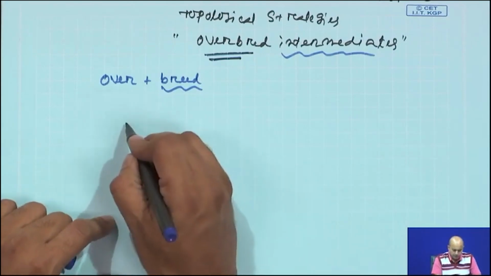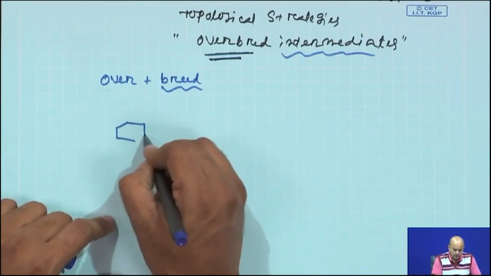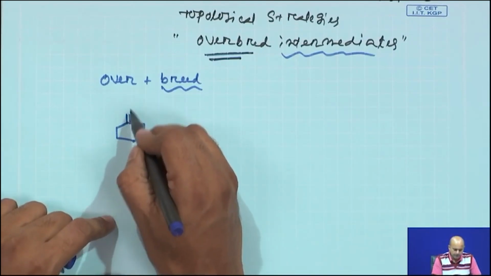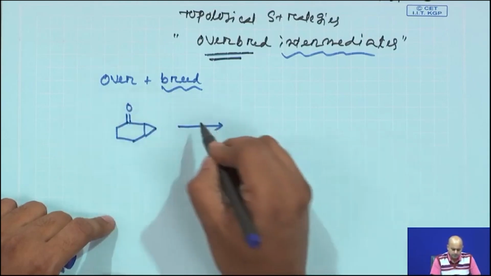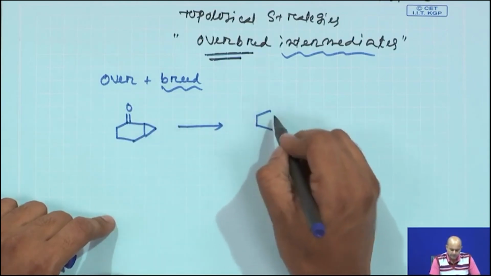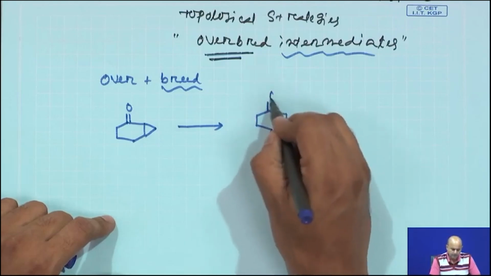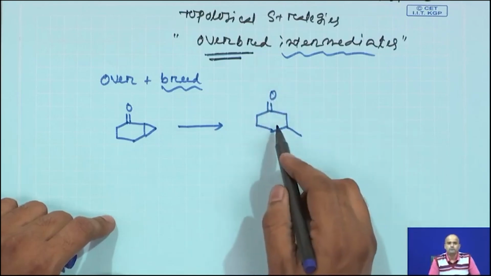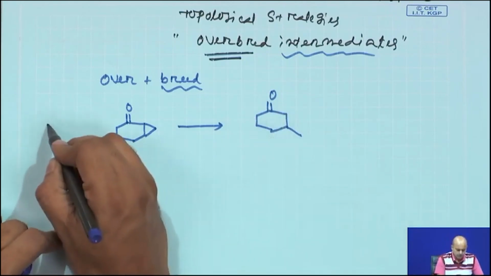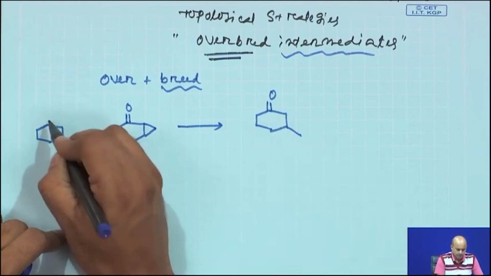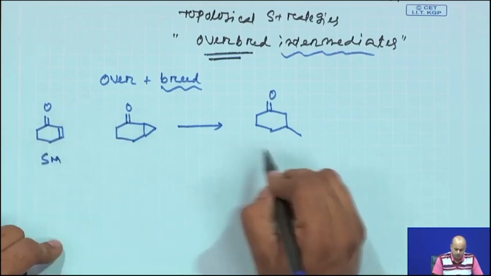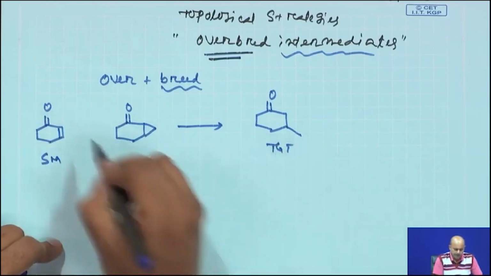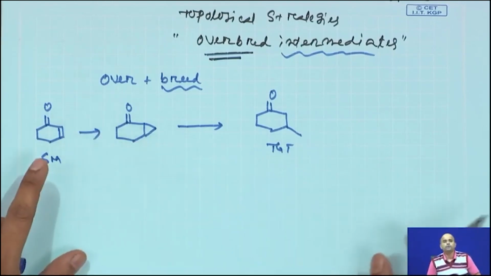Probably this whole concept will be quite clear if I give you a transformation something like this. I am saying that I need to make this molecule starting from this molecule, and I set you a prerequisite: do not use the Gilman reagent.